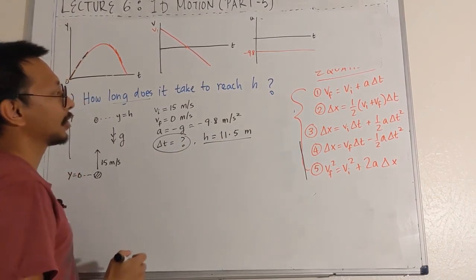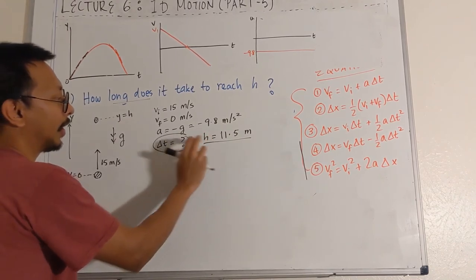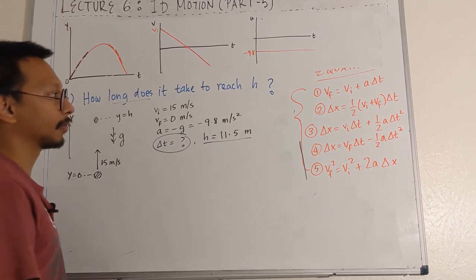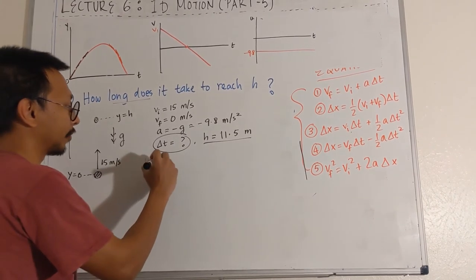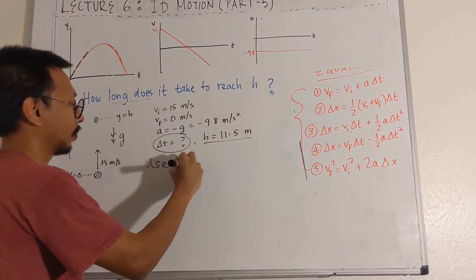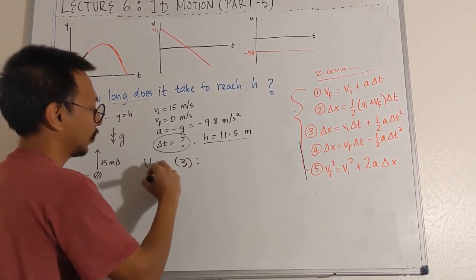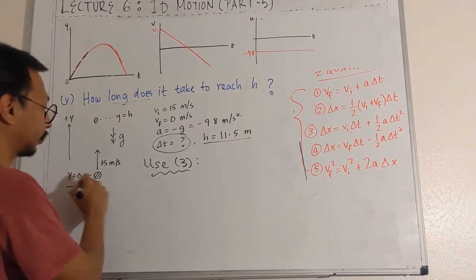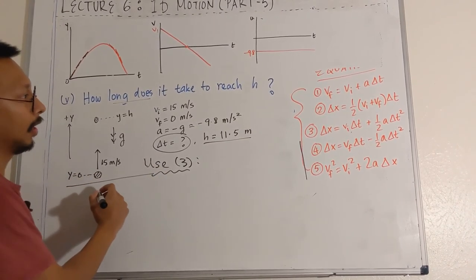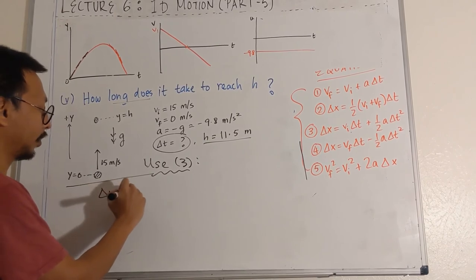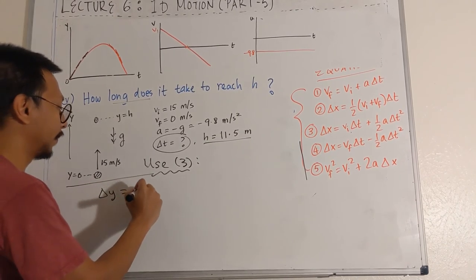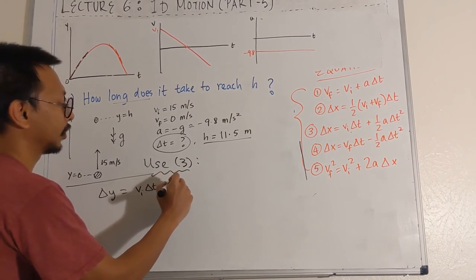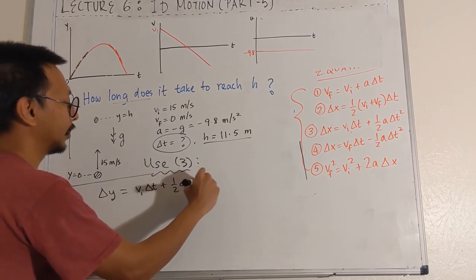So what is the equation that has height, time, and two of these available variables? Let's use equation 3. What is equation 3? Well, we have delta y equals Vi times delta t plus 1/2 a delta t squared.